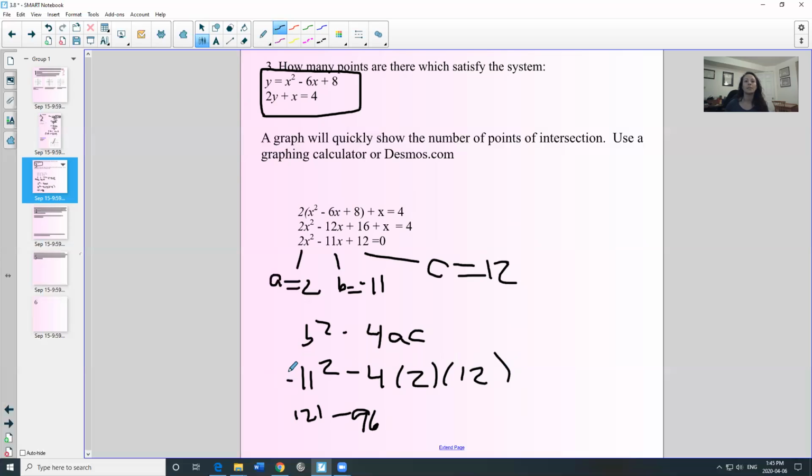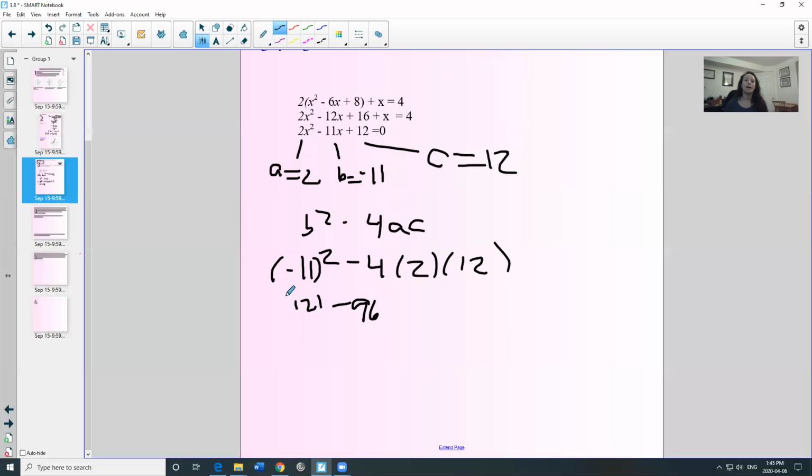Sorry, negative 11 squared. Remember, your negative 11 should be in brackets, but you would still get a positive 121. 121 minus 96, you should get a positive 25. Because this is a positive number, you would get 2 roots, okay? So that's all this one was asking.